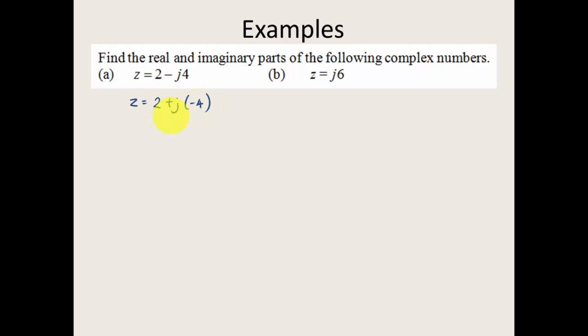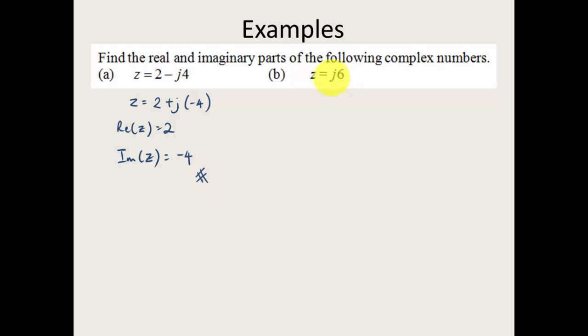Looking at this, the real part must be 2. Why is the real part 2? Because 2 is the term of z that does not come with a j. Hence, it is the real part. The imaginary part of z must be negative 4, because it is the coefficient of the term that comes with a j. And that's my final answer.